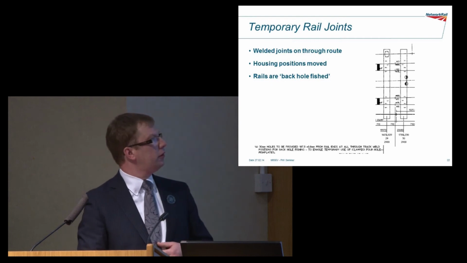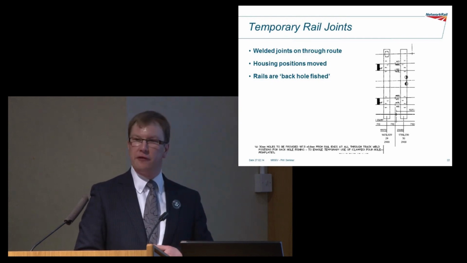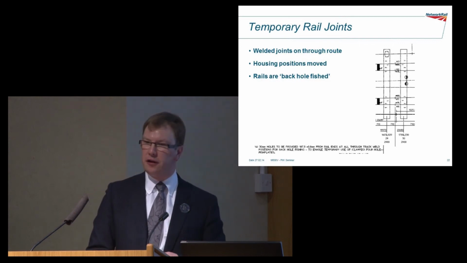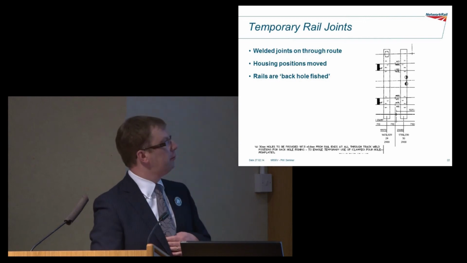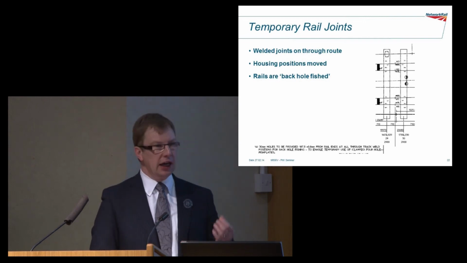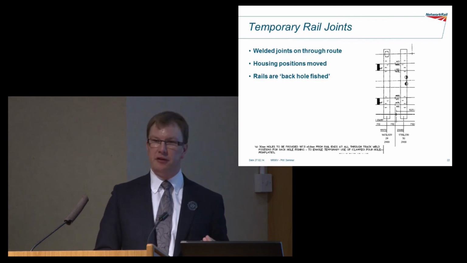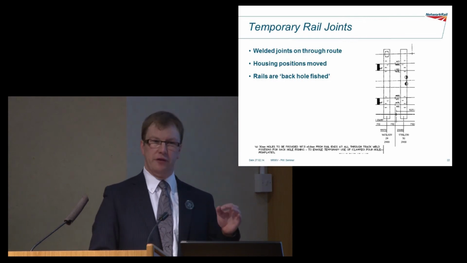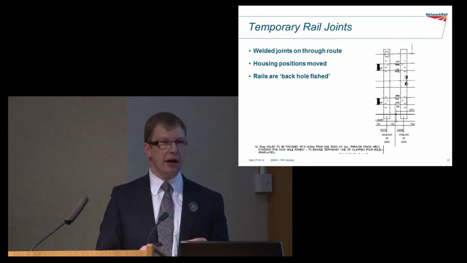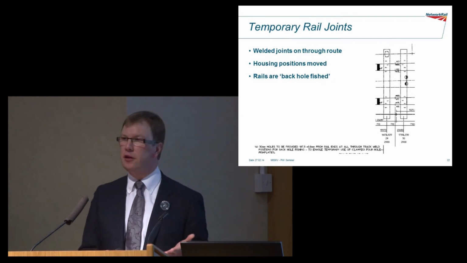So you can see here, this is another extract from one of the REPW drawings, just showing what happens with moving the housings and everything else for the joints. But one of the things we wanted to do with NR56V is enable temporary fish plates to be fitted and holes drilled for backhole fishing. So this is a single hole in each rail. Now there's some advantages of doing this.